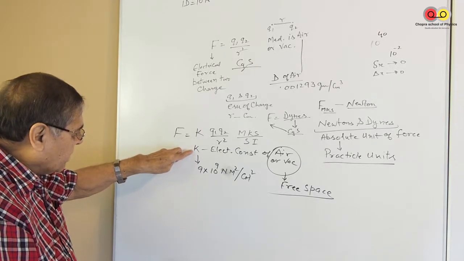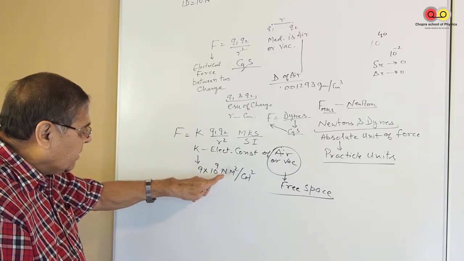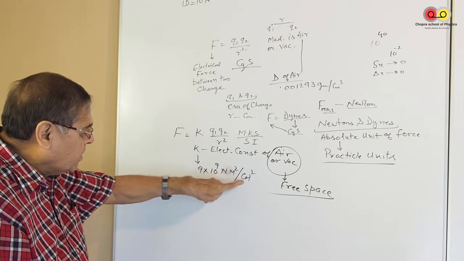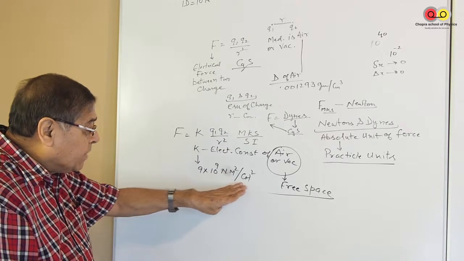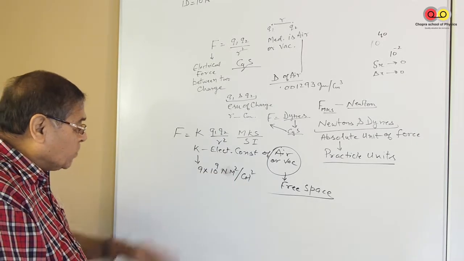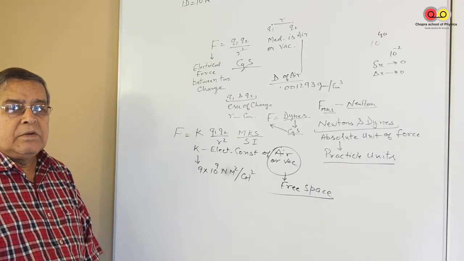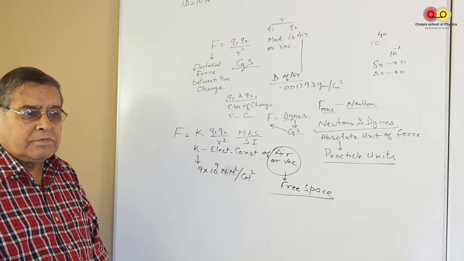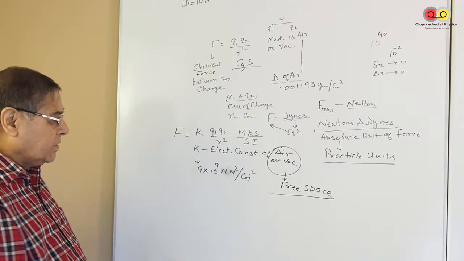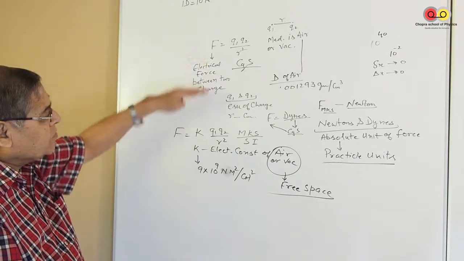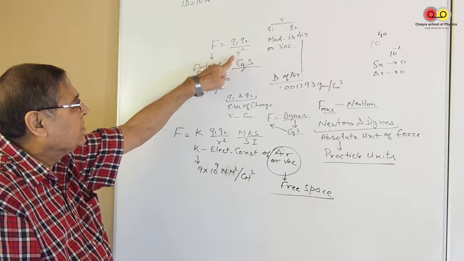So the value of the electrical constant is 9 into 10 to the power 9 Newton meter square per Coulomb square. So the unit is very important. If you don't remember the units, it is very difficult to convert one formula into another formula, or one unit into another unit.